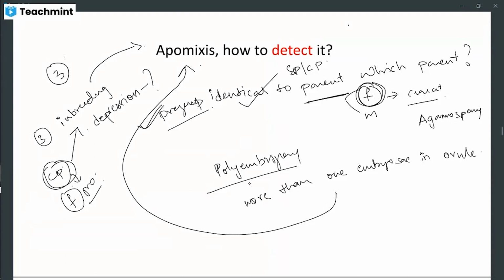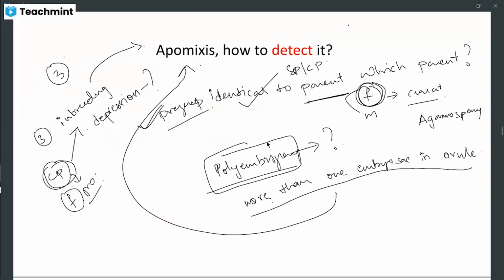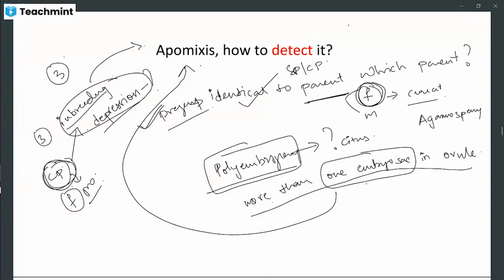Second, presence of the polyembryonic condition, which means presence of more than one embryo. What is an example of polyembryony? Citrus. Good. So presence of more than one embryo sac in ovule is a direct condition of apomixis. Third, absence of inbreeding depression in cross-pollinated crops. So these are the three ways you can detect apomixis.